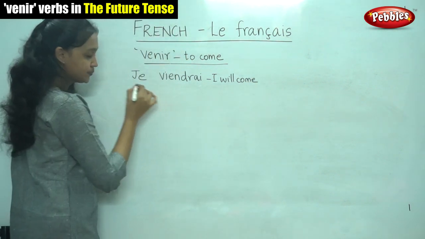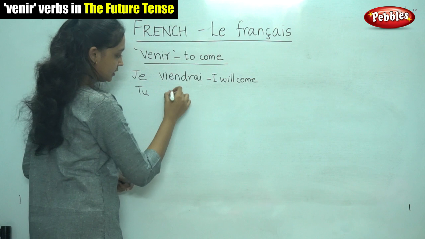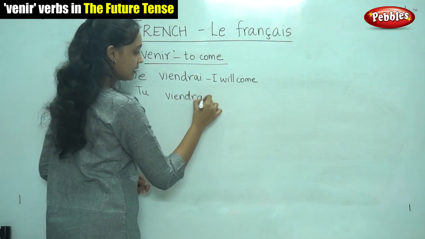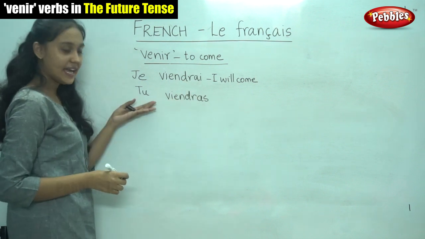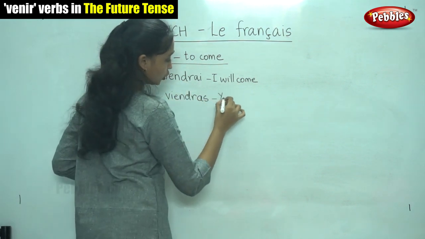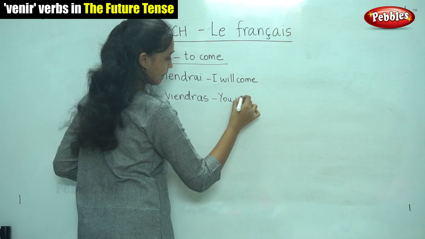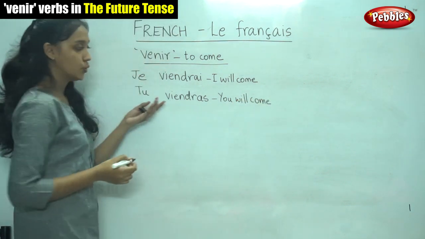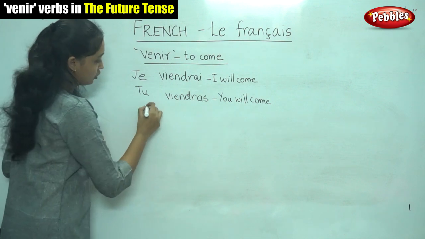For tu, we write the stem followed by the ending as. You will come.